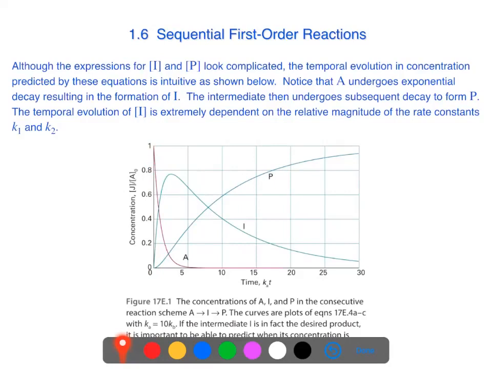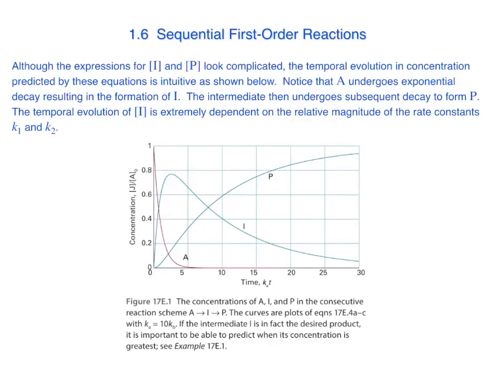Now, the temporal evolution, that is, this particular curve, will very much depend on the relative magnitude of the rate constants K1 and K2. In the textbook, they refer to these as Ka and Kb, and you can see in the caption that Ka, that is K1 in our example, is 10 times greater than Kb.